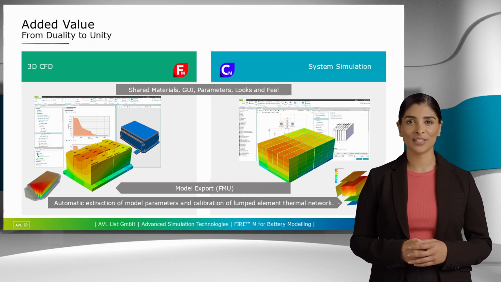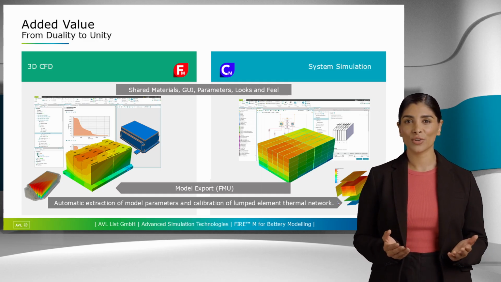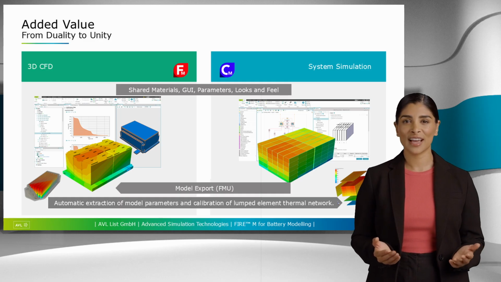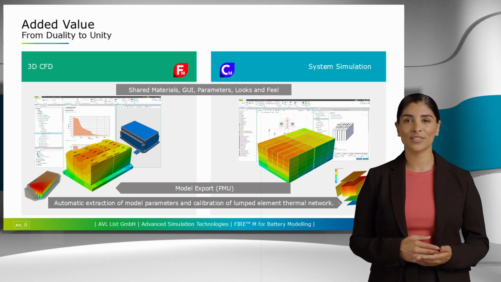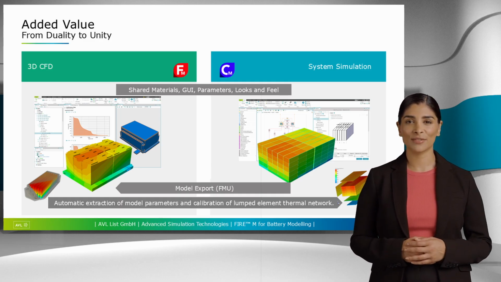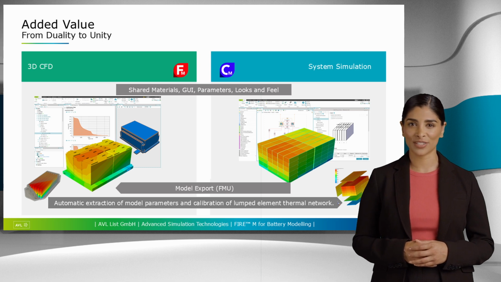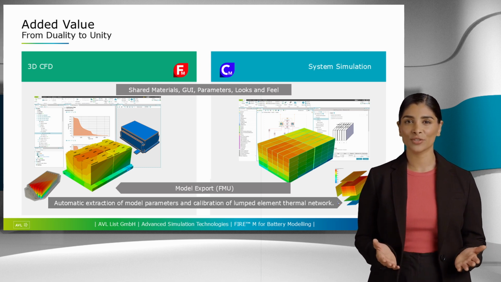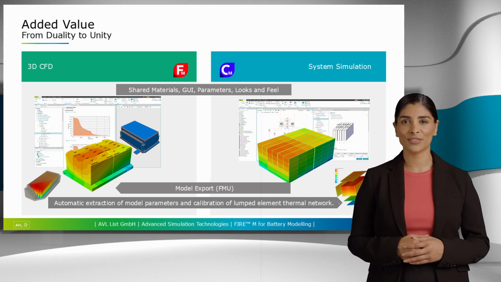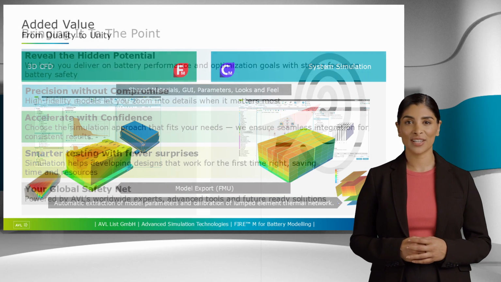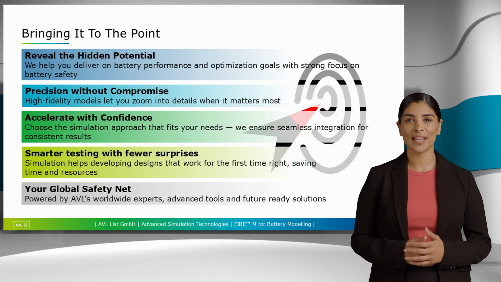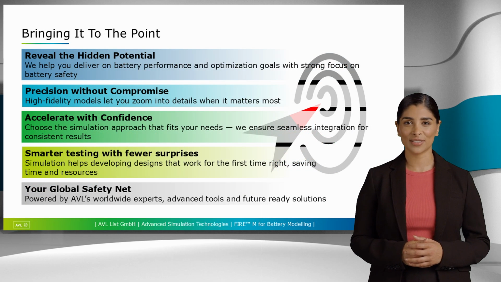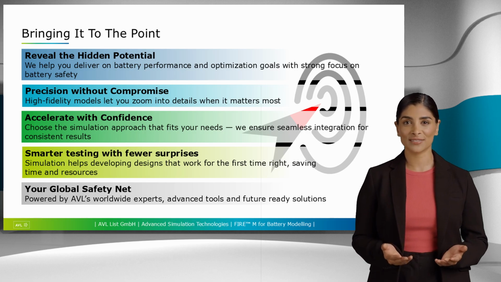To balance speed and performance and to meet specific requirements during all stages and for all tasks in the battery development process, we provide consistent modeling capabilities in both our 1D system simulation software Cruise M and our 3D component simulation software FIRE M. With FIRE M, we help you reach your targets in battery development and optimization.